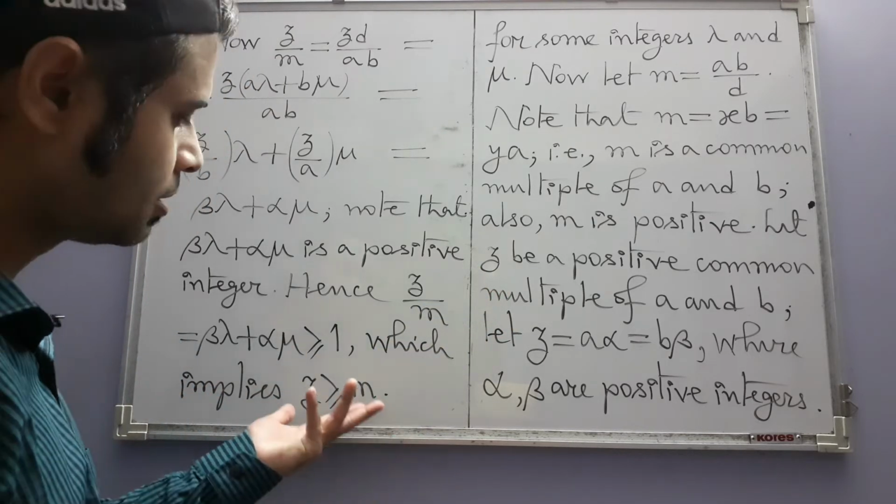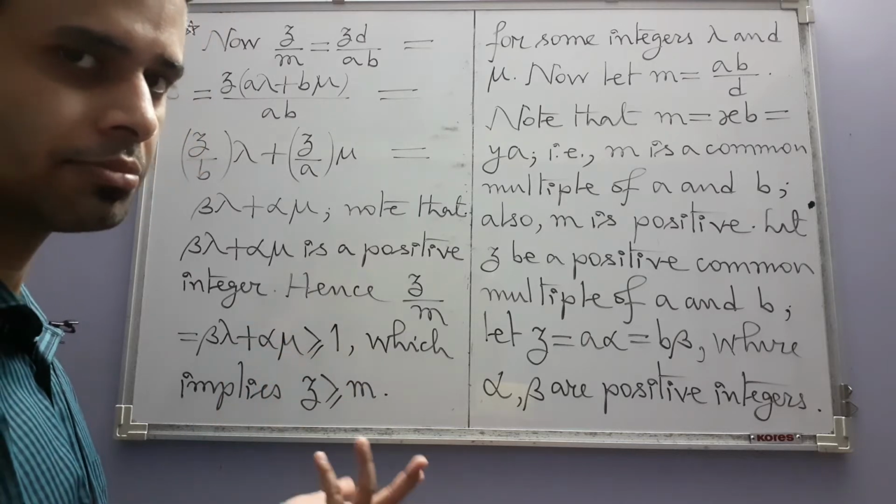So that means M is the smallest positive common multiple. So M is the least common multiple.